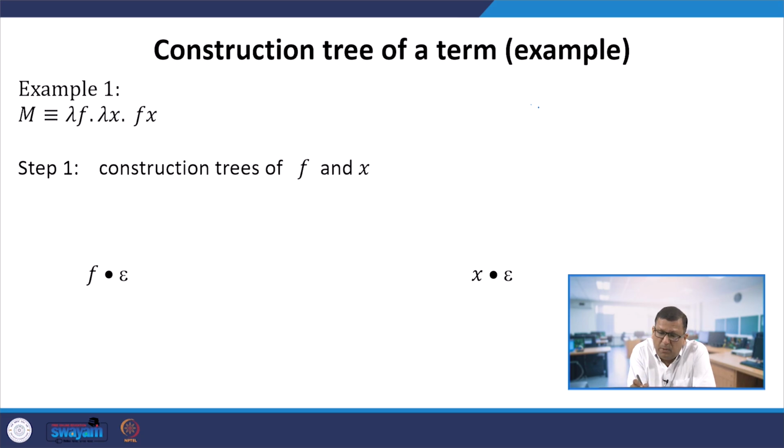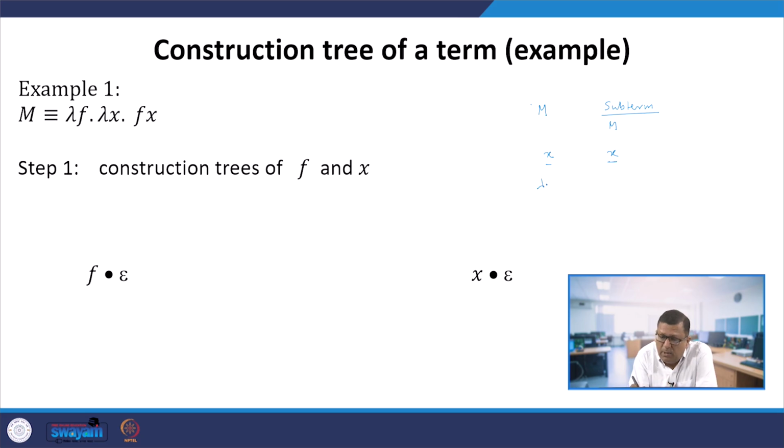Now for the subterms of a term M, M will be a subterm of M. Then we can consider different cases. If it is atomic, like x, then x is just a variable, and we can say x is a subterm.